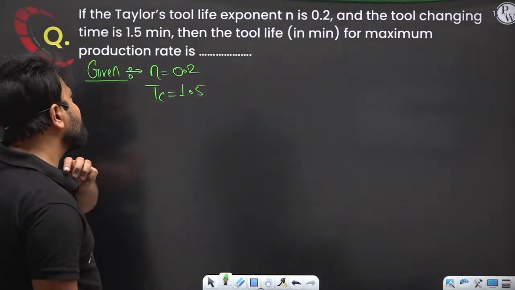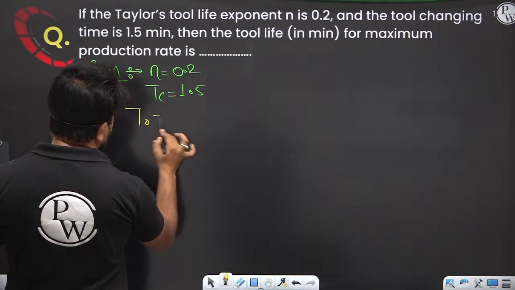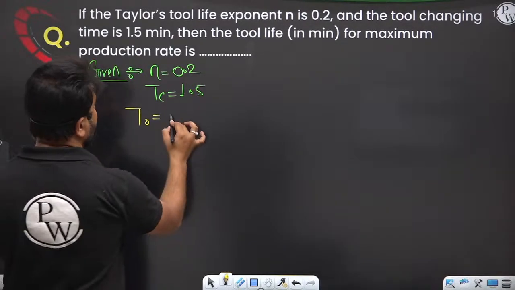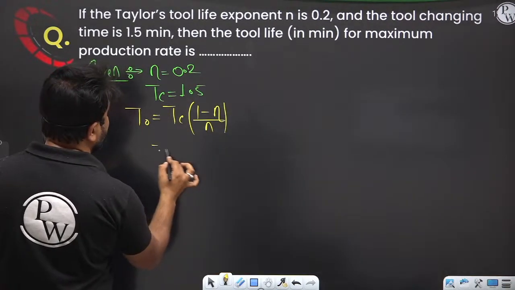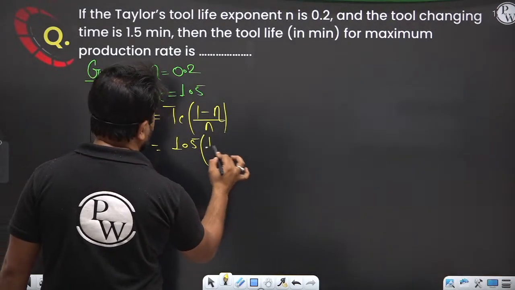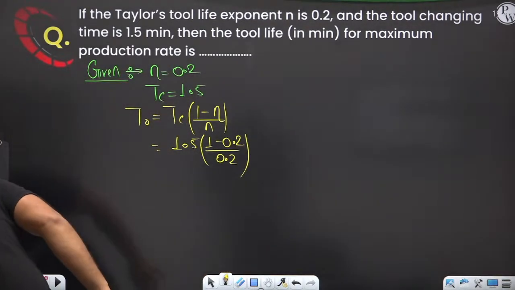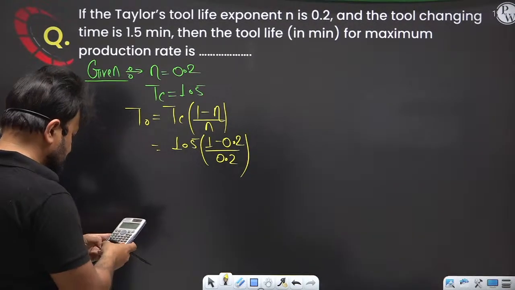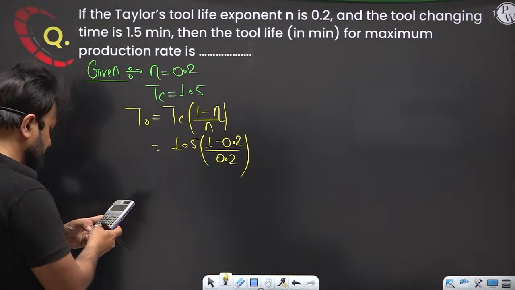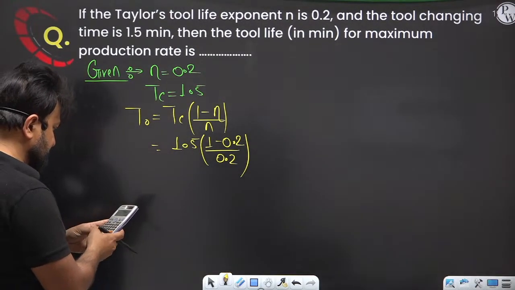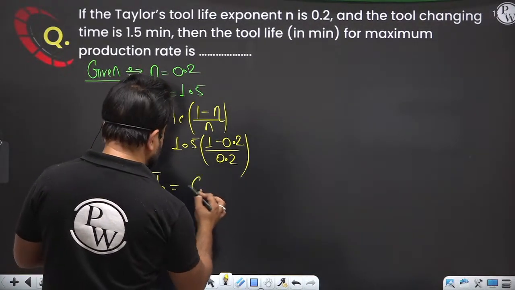The tool life for maximum productivity, if you take, will be what? 1 minus n divided by n, multiplied by the value of the tool change time, so 1.5, 1 minus n, that is T.